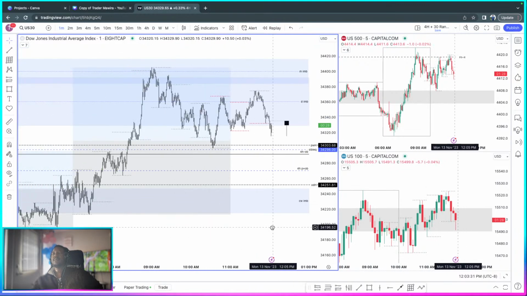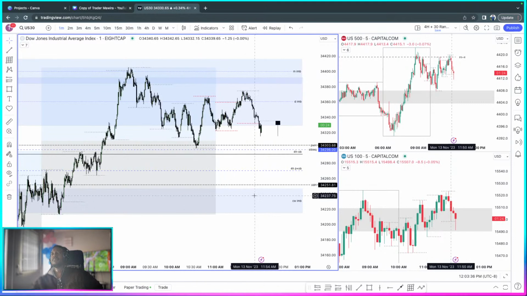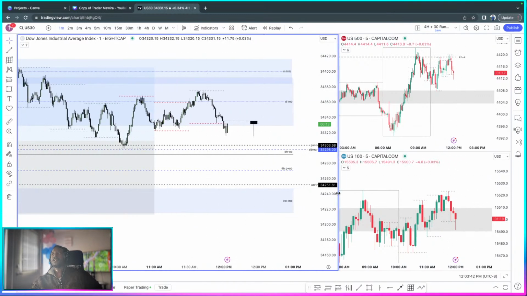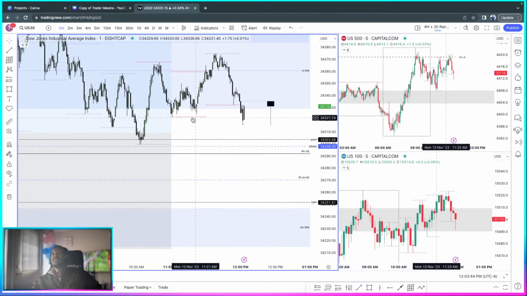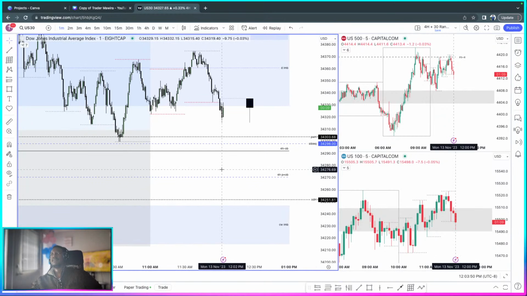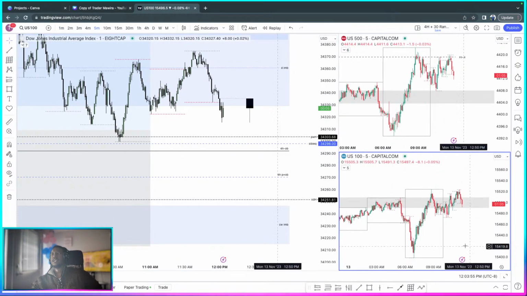The best place to buy is in the half portion of the previous 4-hour. The best place to sell is when we are in the upper portion, right? And when it's paired with a higher time frame level, like this level over here or here, it makes it even better. So let's see what we can get from this.